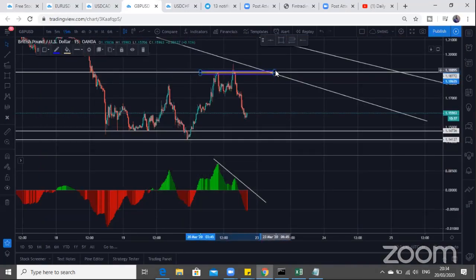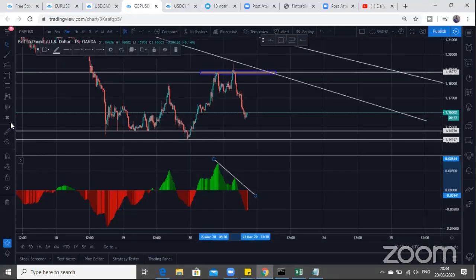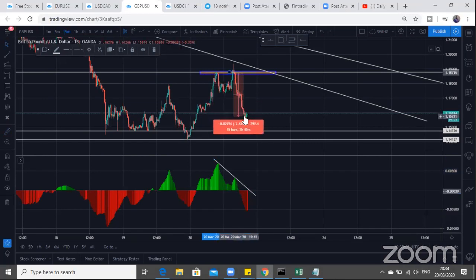And at this resistance, there is a what? A divergence. So now I am placing a sell because one, there is support. Two, there is trend. Three, there is divergence. Four, there is double top. At the end, if we place a sell here, did it fall? Yes or no?